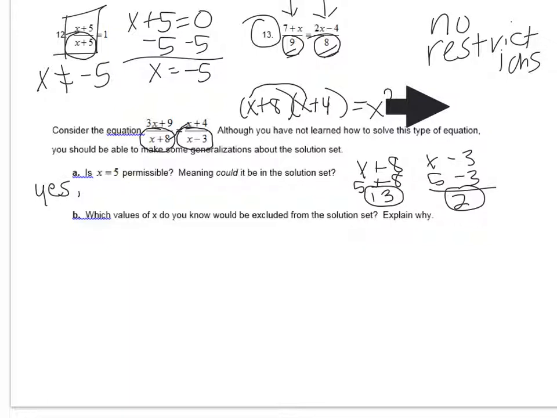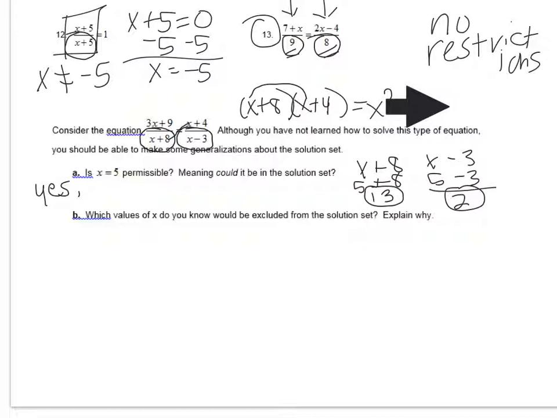And that's because x equals 5 gives you a number other than 0 in the bottom of both of those fractions. We don't need to plug it into the top because what happens in the top doesn't matter. Now letter B, which values of x do you know must be excluded from this solution set? Well, it would be the values of x that make the fraction undefined.